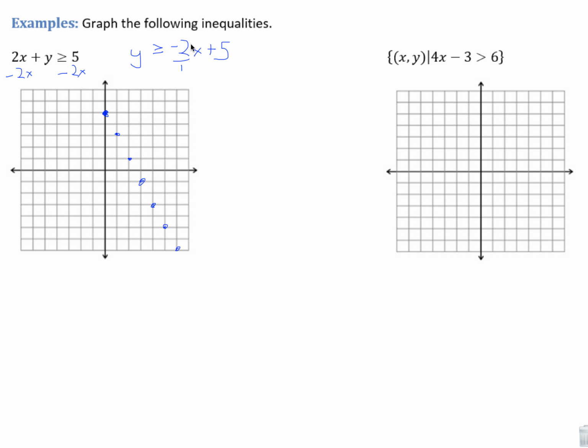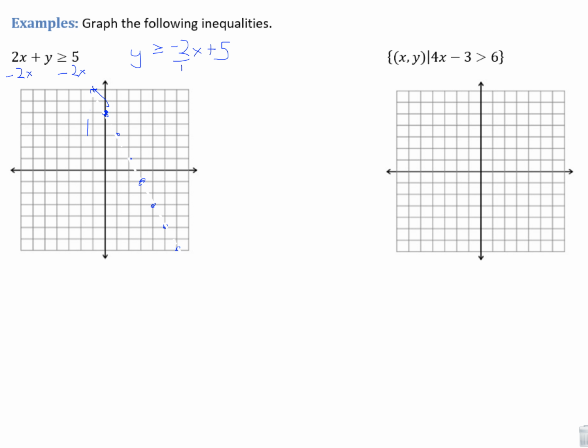Now let's look at our inequality here. It's a greater than or equal to, so it's going to be a solid line. It's in white, let's go ahead and change that. We don't want dashed.